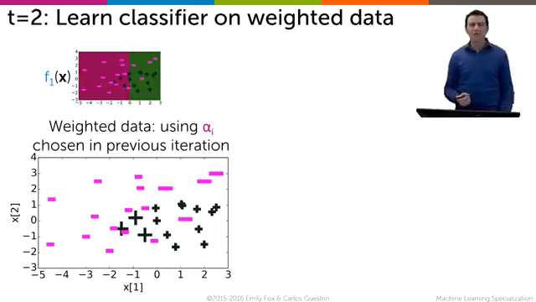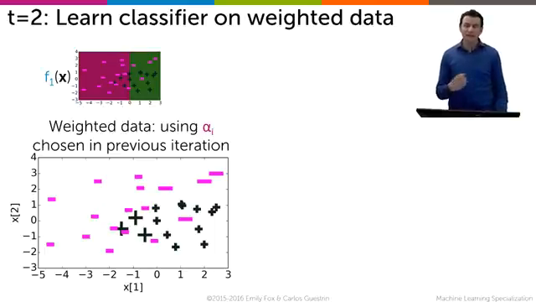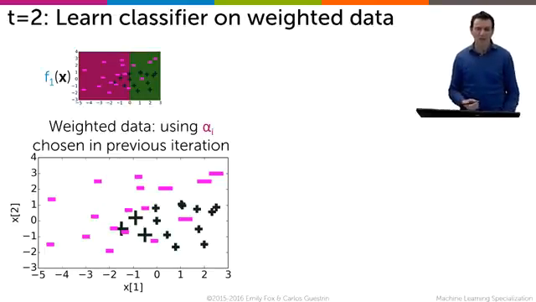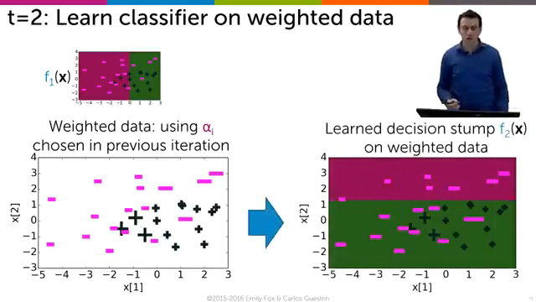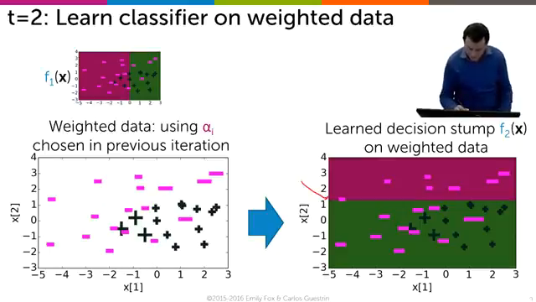And now let's look at the next step, learning the classifier F2 in the second iteration based on this weighted data. Using the weighted data, we'll learn the following decision stump. And you see that now instead of having a vertical split, we have a horizontal split, and it's a better split for these weights on the left.